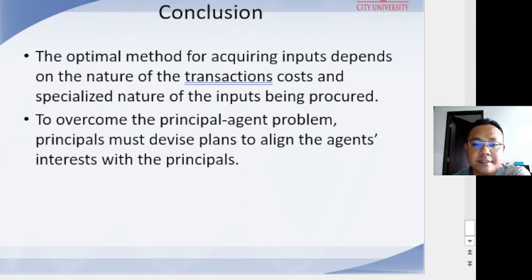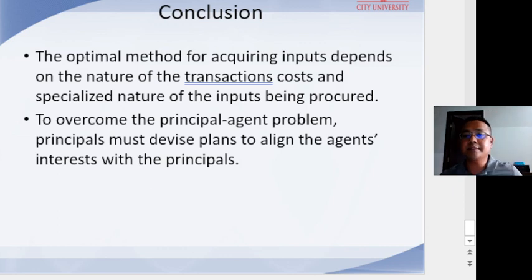So when market transaction costs are high, the manager may wish to purchase input from a specific supplier using a contract, or alternatively forgo the market entirely and have the firm set up a subsidiary to produce the required input internally.